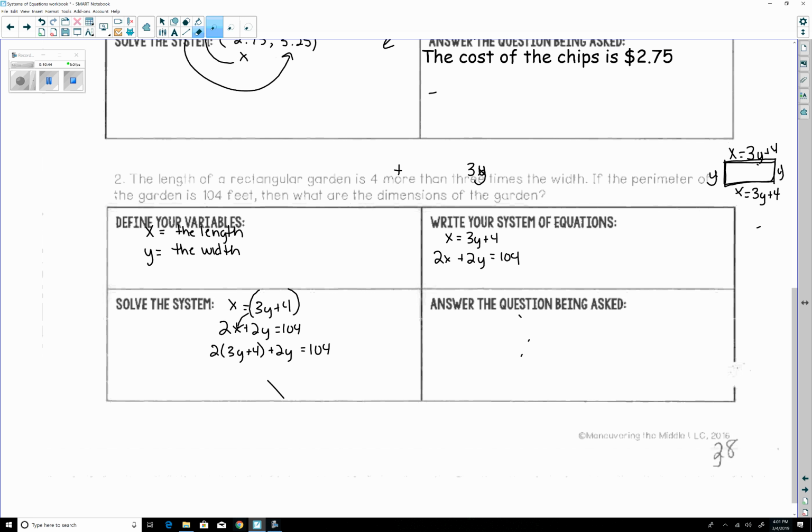And I got this goofy mark here, and these, so let me get rid of those. Okay. Distribute. Combine like terms.